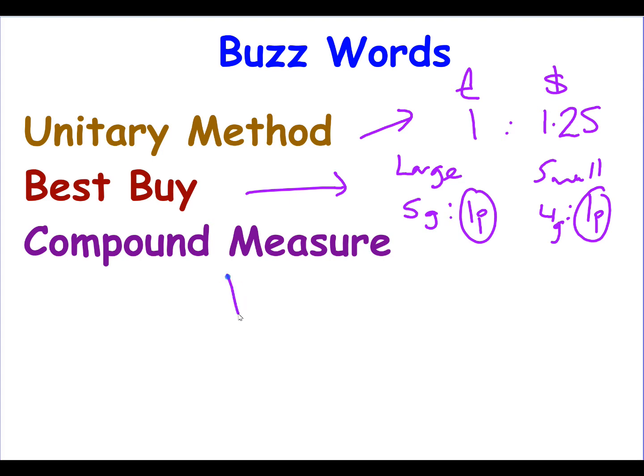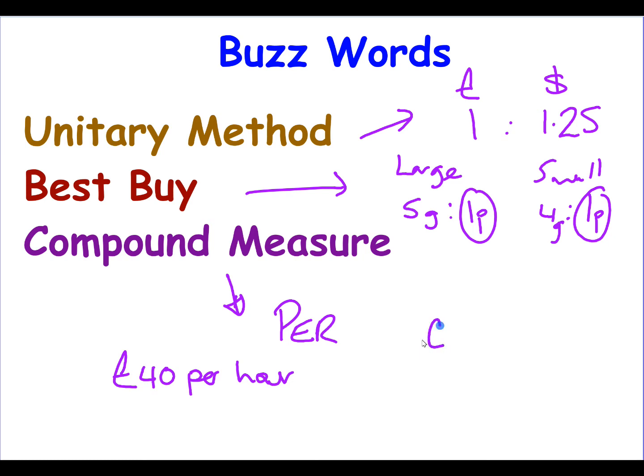And then finally, compound measure, again, is using the unitary method where the word per will be used with your compound measure. So it might be something like £40 per hour.